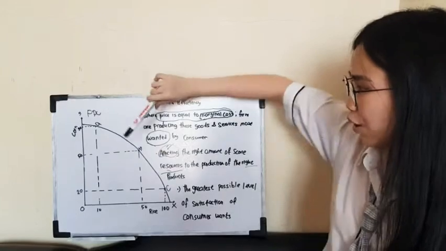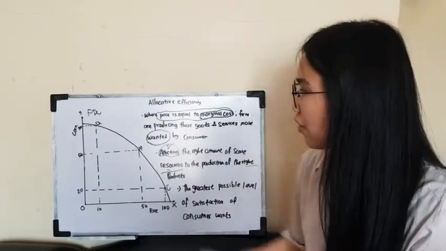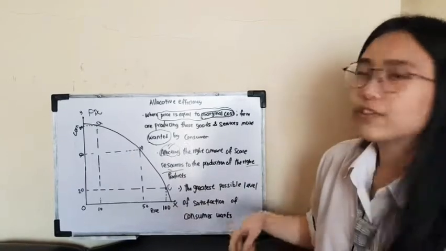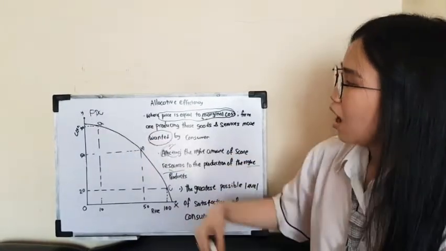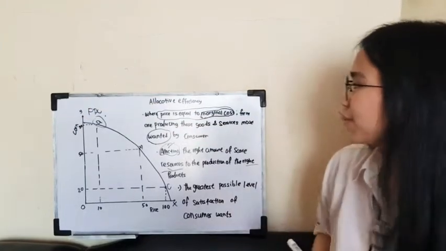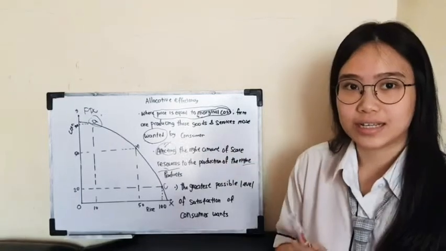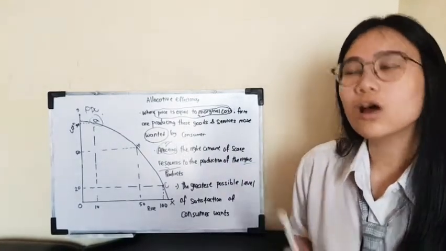See, there are points A, B, C on the production possibility curve of corn and rice. For example, when our production is at point A, can the production be called allocative efficiency? No. Why?